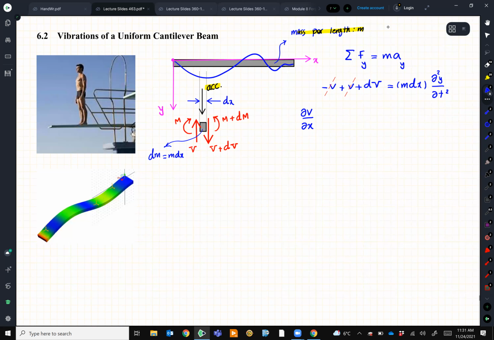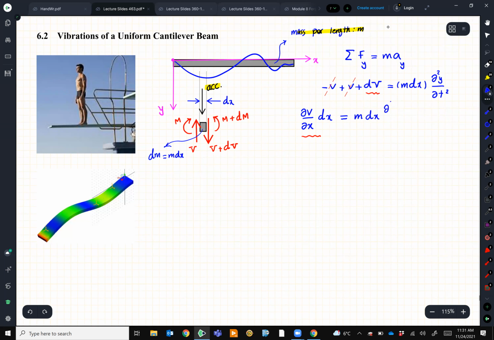So therefore, my dV here is the derivative of V with respect to x multiplied by the amount that it changed during this x transition. As you can see, the process is very similar to the string, but maybe a little bit more detailed.